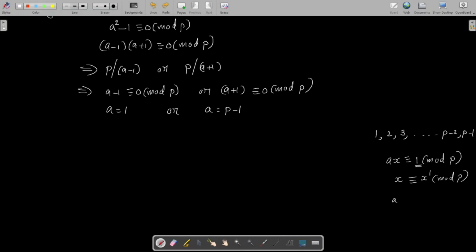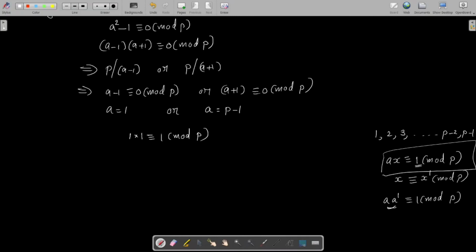We consider the unique solution as A dash, and now we have the linear congruence A dash congruent to 1 mod P, since A dash is the solution of this linear congruence. And we proved that A equal to A dash if A equal to 1 or A equal to P minus 1. So now we have two linear congruences. If A equal to 1, that is 1 into 1 is congruent to 1 mod P. That is one linear congruence.